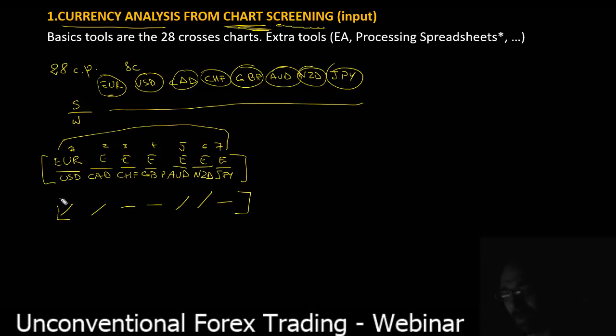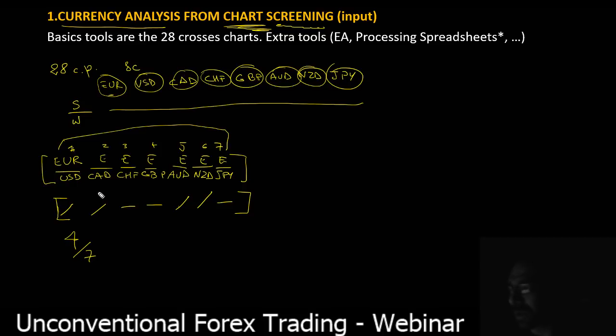This is one of the possible scenarios. There are many possible scenarios. We can determine that the euro is strong 4 on 7, which is a proportion. This is the raw, naked way to approach it.